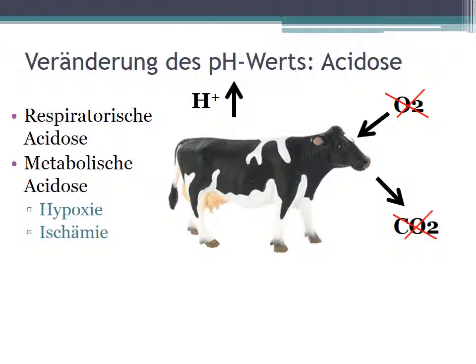So the level of protons in the body rises, causing an acidosis. It can either be respiratory, like I just explained, or a metabolic acidosis. In metabolic acidosis, there's just not enough oxygen for the organ to function, and this can happen during hypoxia or ischemia.